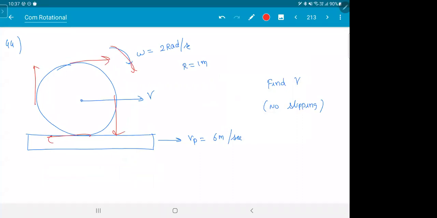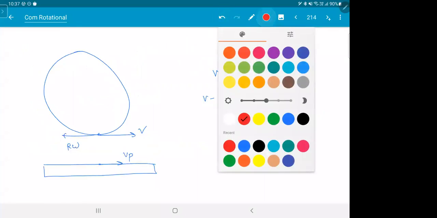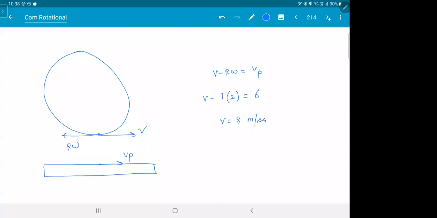Does it make sense? Check it out. Ask me any doubts on this. So the bottommost point's velocity should be the same. Put it down. Let's see one more.